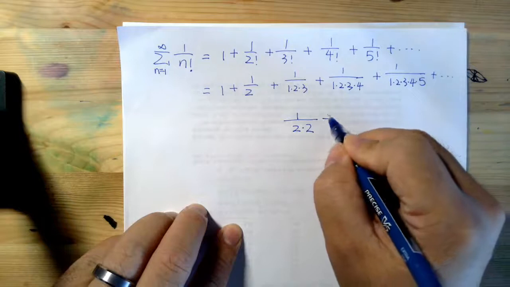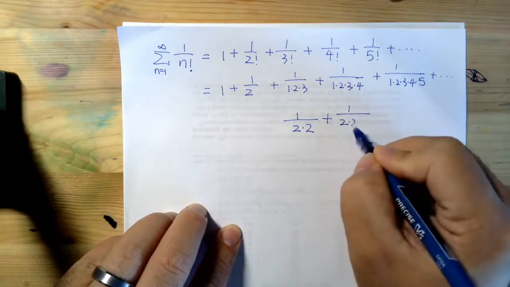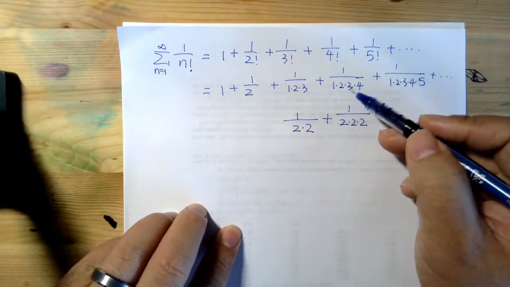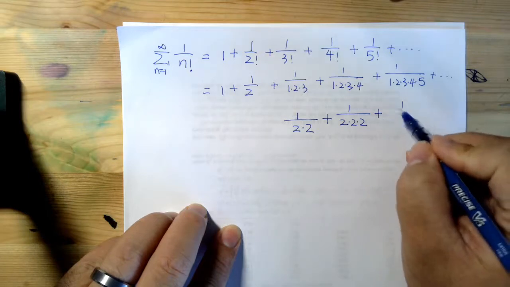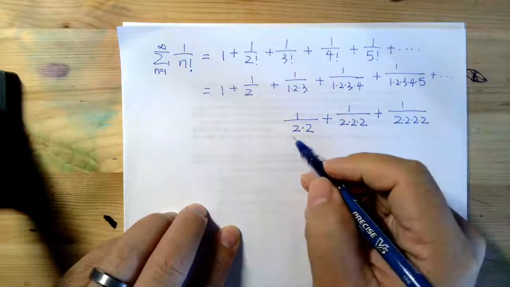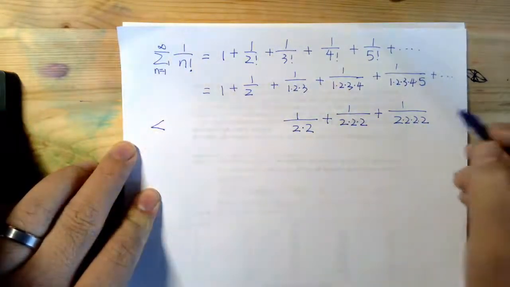I can use a similar thing to construct 1 over 2 times 2 times 2, and apparently this will be greater than this. And I can do this as 1 over 2 times 2 times 2 times 2. And you can see that all this bunch of things is going to be less than this.